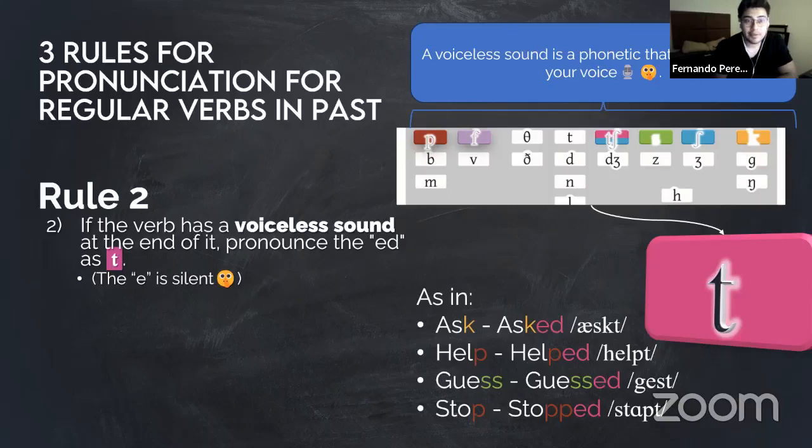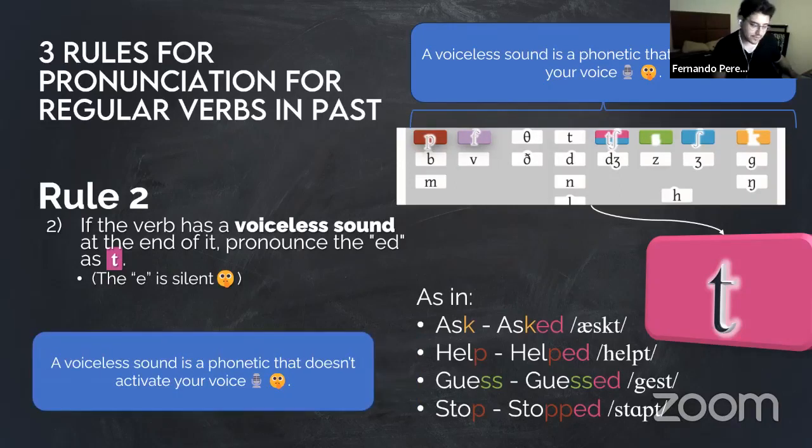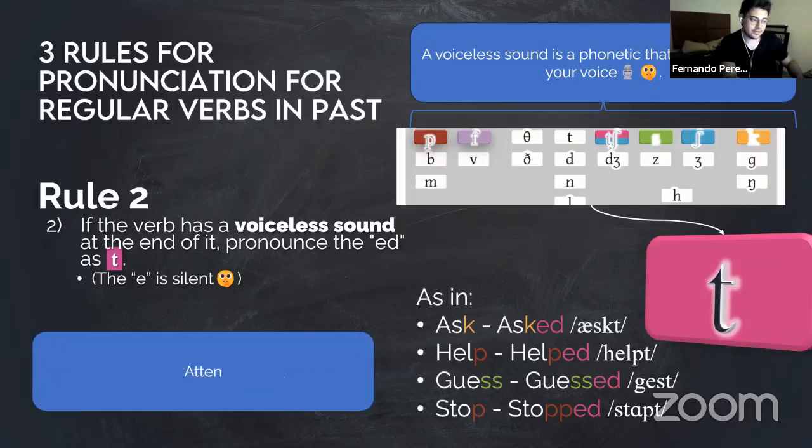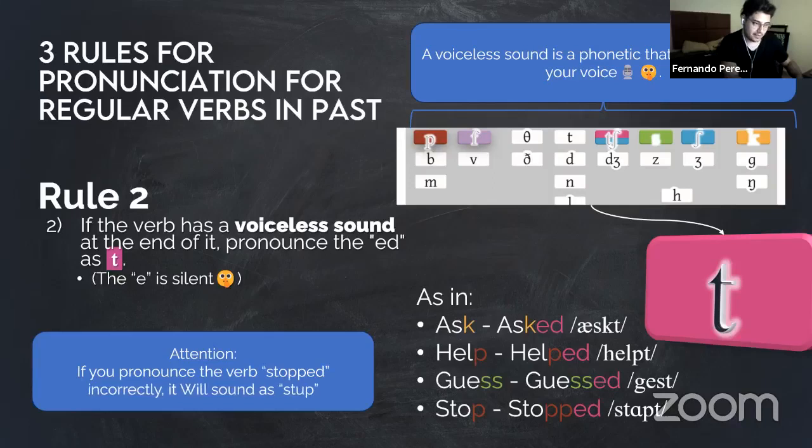This is super fundamental. And it's super important to practice the correct pronunciation. Because attention, if you pronounce the verb stop, stopped, incorrectly, it will sound as stupid.